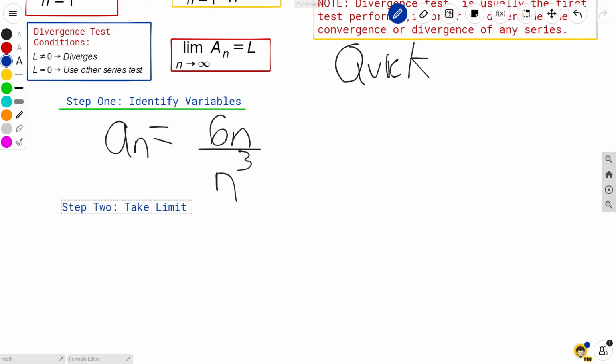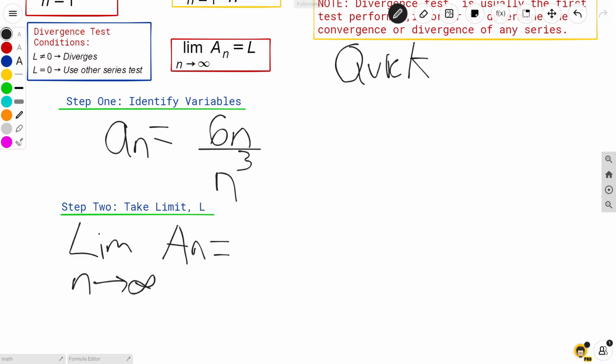We're going to take the limit and call it L. In order to take this limit, we apply this formula right here: the limit as n approaches infinity of a sub n. That's why it's important to identify what your a sub n is. So the limit as n approaches infinity of 6n divided by n cubed.